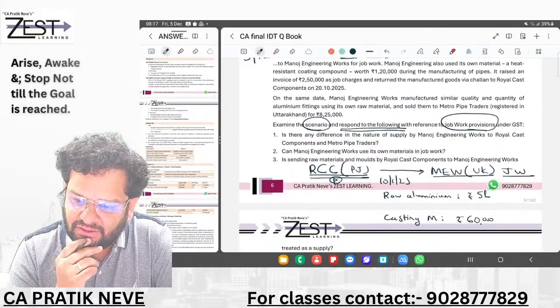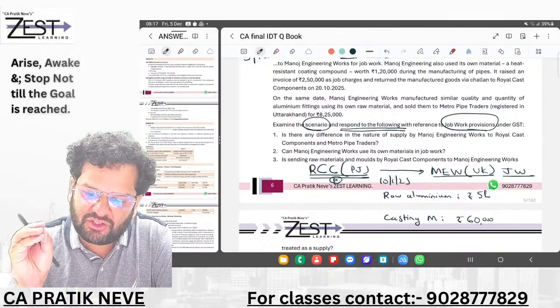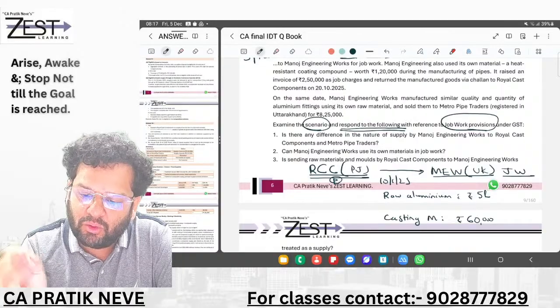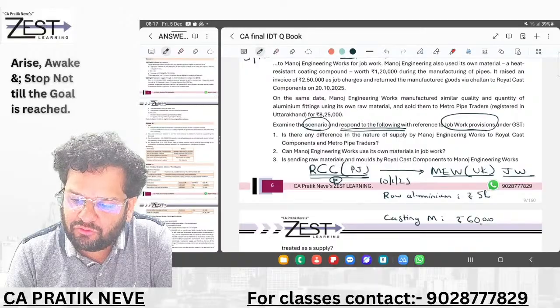Manoj Engineering also used its own material, which is a heat resistant coating compound worth 1,20,000, during manufacturing of pipes.